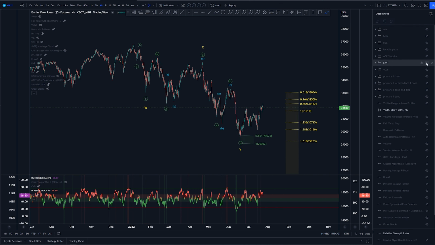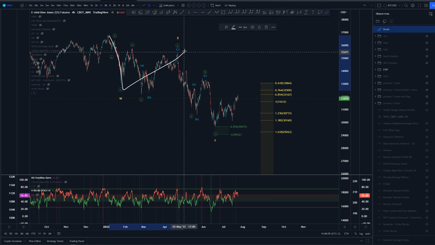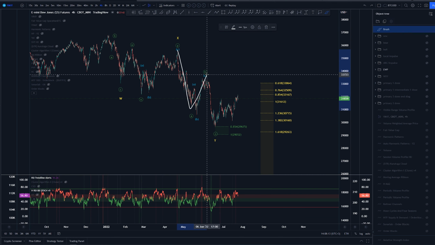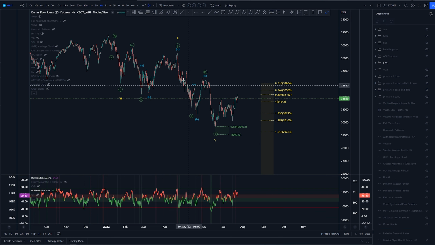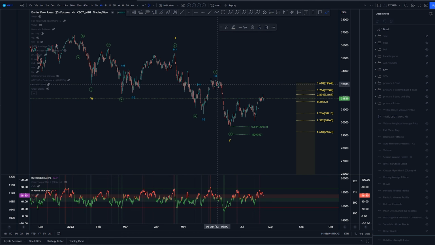The primary that I want to share, which is now my primary, is this WXY, in which we have WX and wave Y ending down here. We would have this as an A, B and C, but again, we have some issues for the A wave.